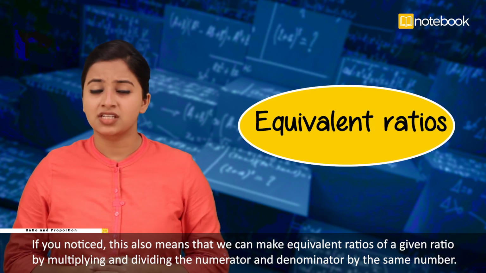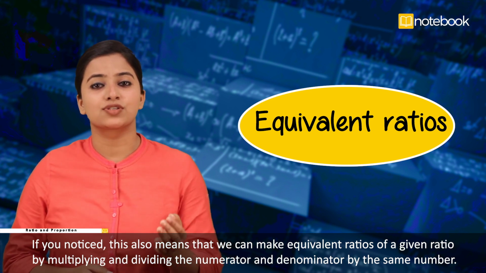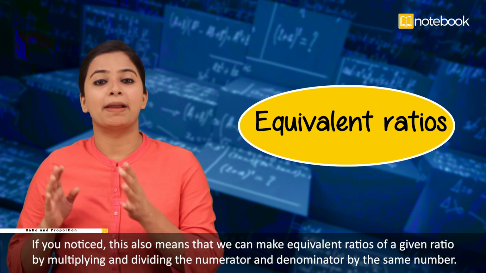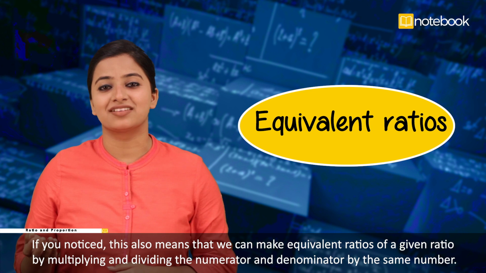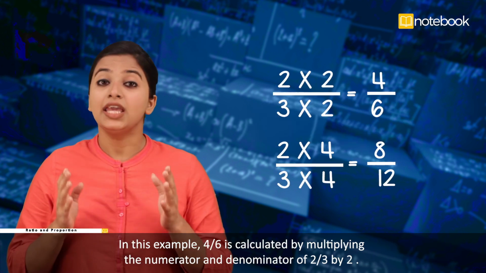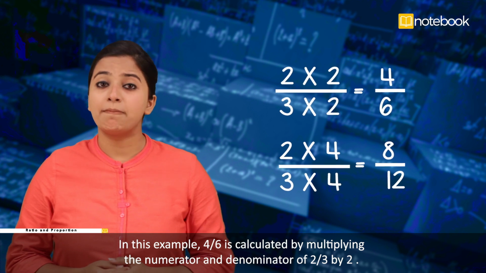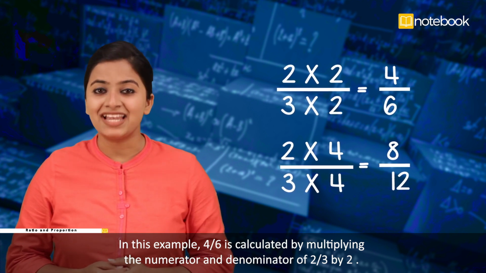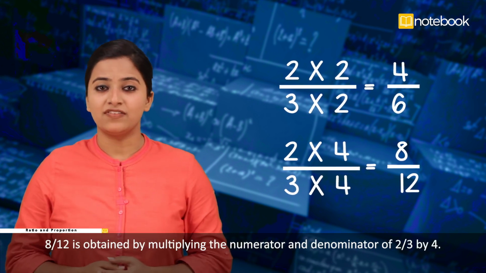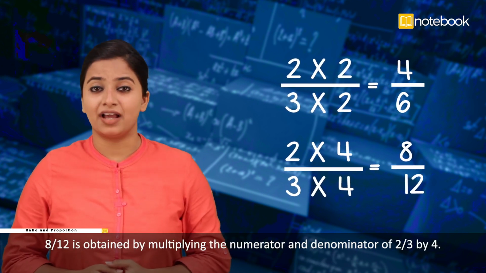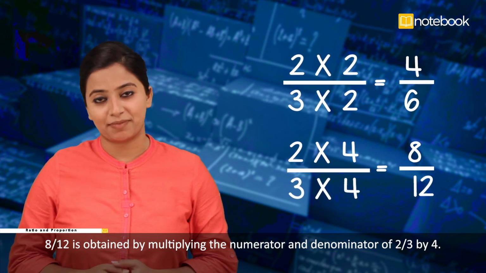If you noticed, this also means that we can make equivalent ratios of a given ratio by multiplying and dividing the numerator and denominator by the same number. In this example, 4 by 6 is calculated by multiplying the numerator and denominator of 2 by 3 by 2. 8 by 12 is obtained by multiplying the numerator and denominator of 2 by 3 by 4.